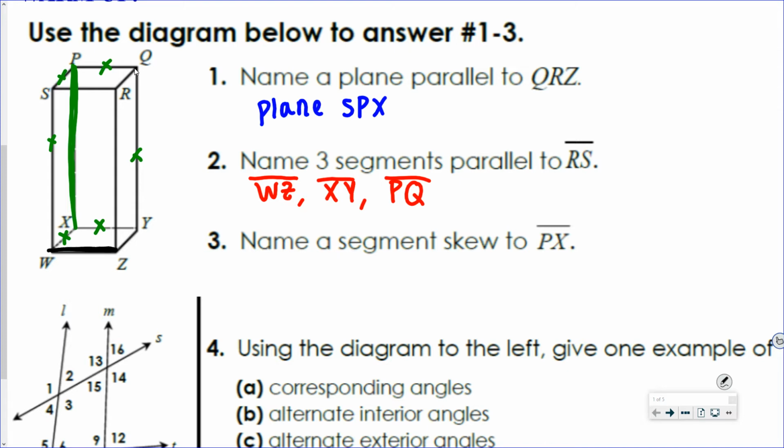We could have line segment WZ would be skew, ZY, SR or RS, and RQ. Why could I not say RZ as it's skew?